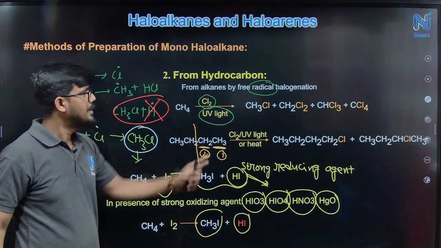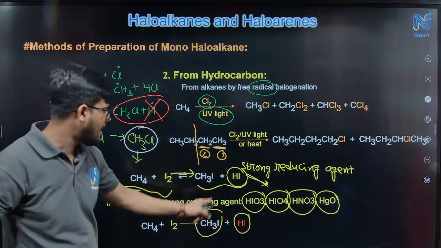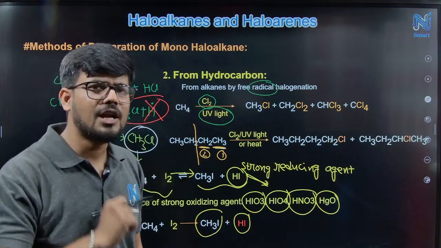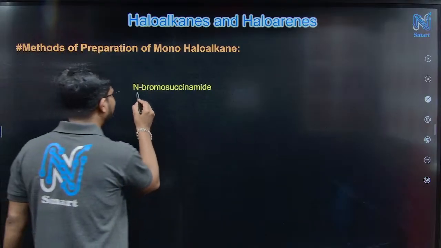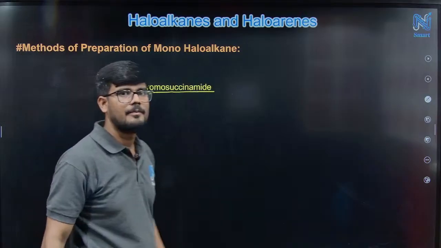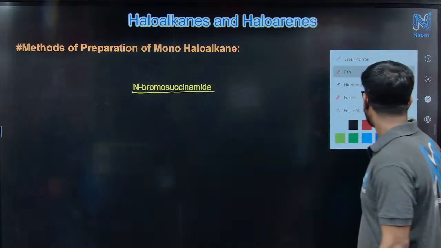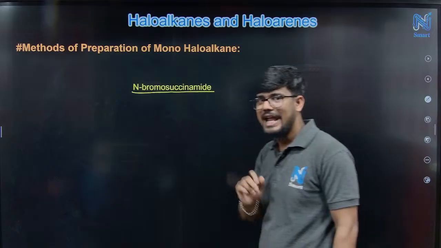Now chlorination done, iodination done. What about bromination? In case of bromination, a very, very important molecule is N-bromosuccinimide. What is that?